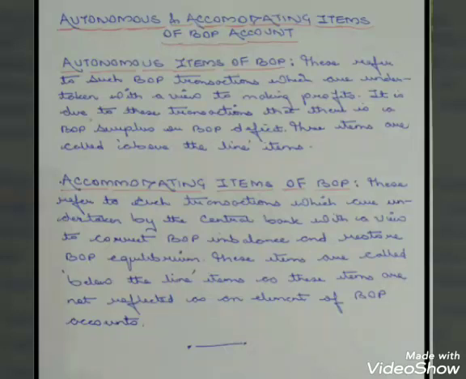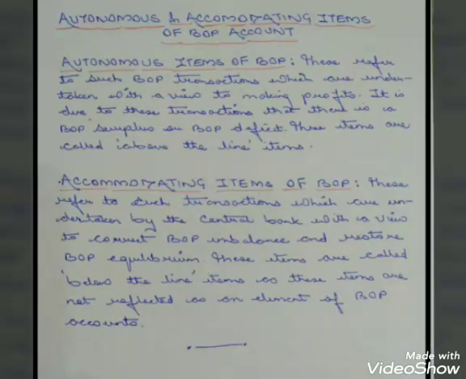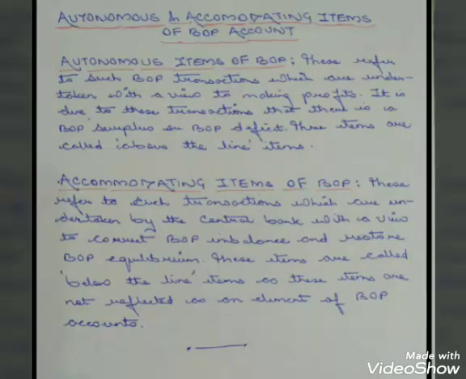Autonomous items refer to balance of payment transactions which are undertaken with a view to make profit. And it is due to these transactions that there is a balance of payment deficit or balance of payment surplus. So these items are also called above the line items.